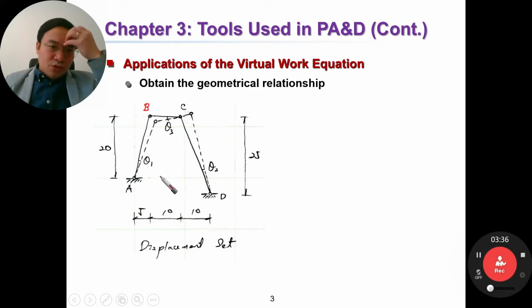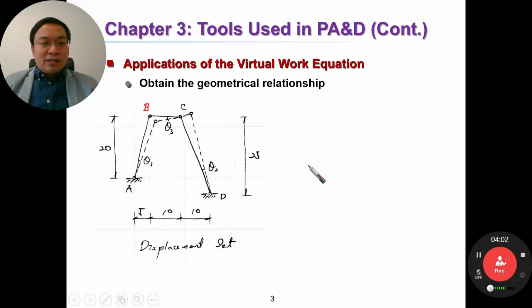The unit is not important, so you can assume the unit, inch or feet, it's okay. The height here is 25 units, and AB horizontal length is 5. BC is 10 and CD is 10, and so on.